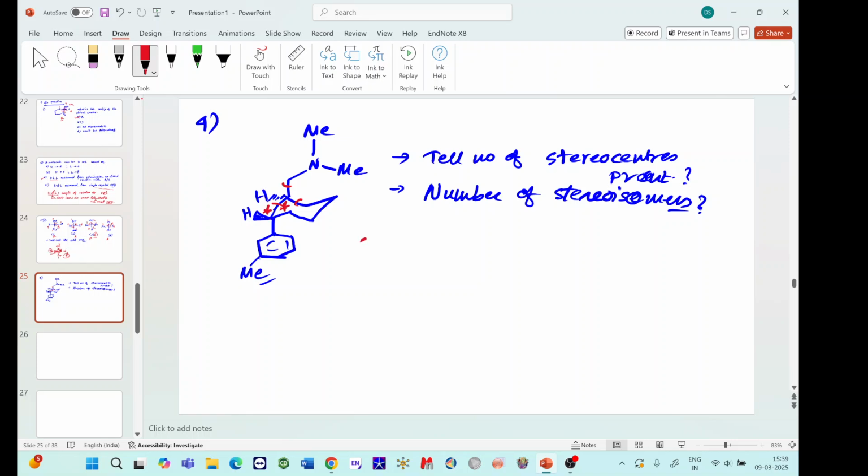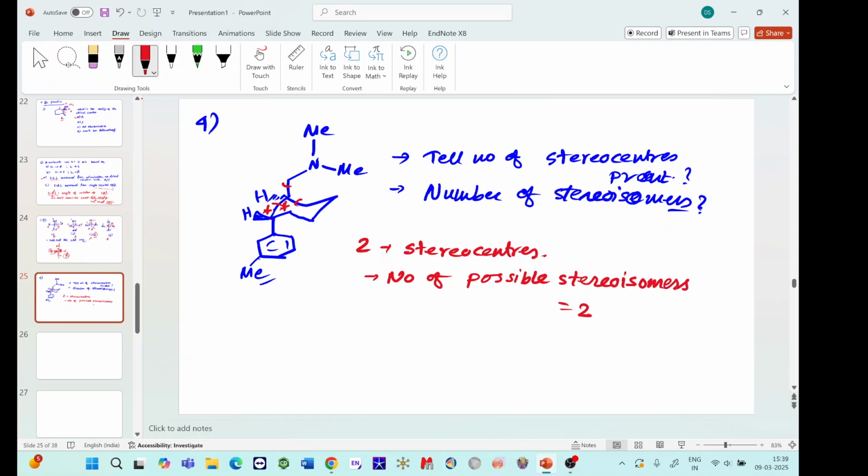Similar for this one also. So two stereo centers, and the number of possible stereoisomers is 2 to the power n, right? So in this case, the number of centers is 2, 2 to the power 2, that means 4. This will be the right answer.